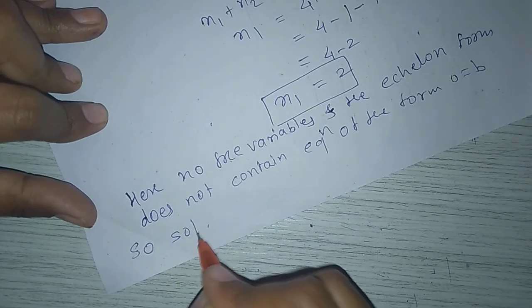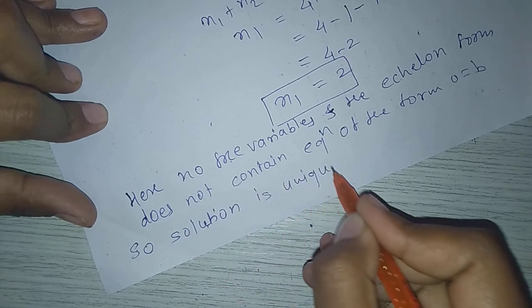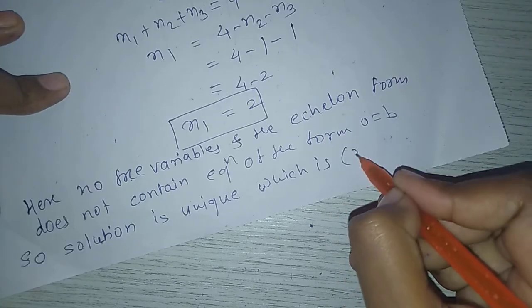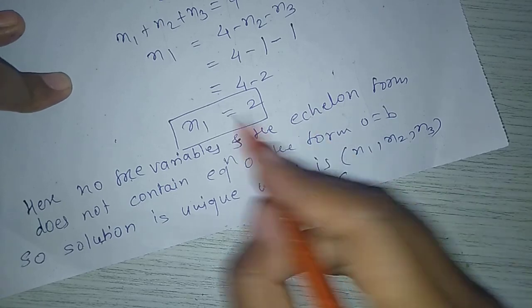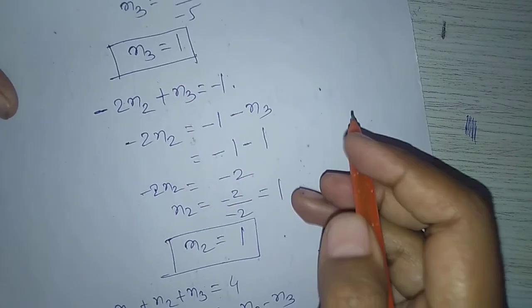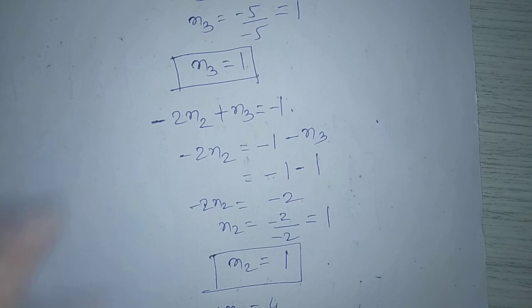So the solution is unique, which is (x1, x2, x3), where x1 is 2, x2 is 1, x3 is 1. We stop here.